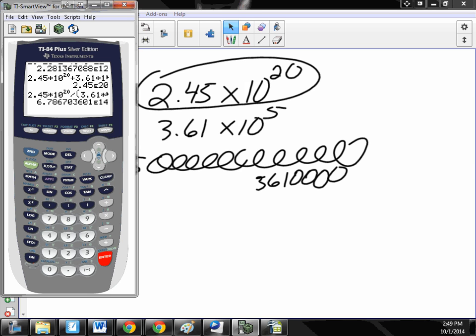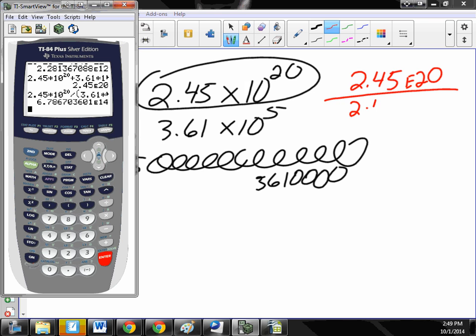So, if we would have divided it by 2.45 e to the 5th, it would have been 1 e to the 15th. Agreed? So if I had 2.45 e to the 20th, and I divide it by 2.45 e to the 5th, these are going to turn into 1.0, and I'm going to knock off 5 zeros, and I would get e to the 15.